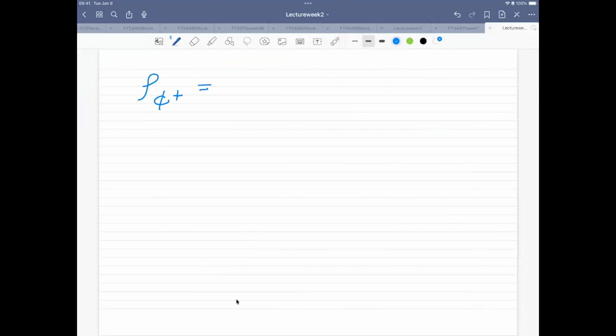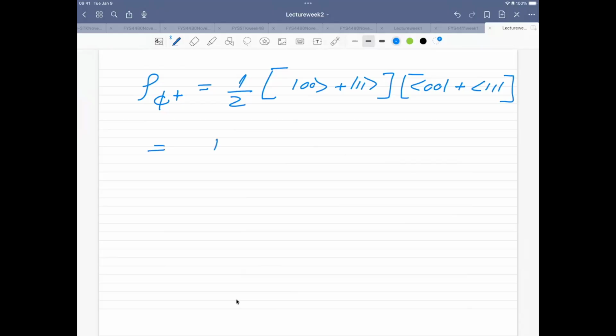And if I do the algebra, this should actually be 1/2, and then I would have |0,0> plus |1,1>, and then I have the tensor multiplied with, so it's the outer product, so I have <0,0| plus <1,1|. And this should result in a matrix, which is going to look as follows. So when I do the algebra here, I will get 1/2.